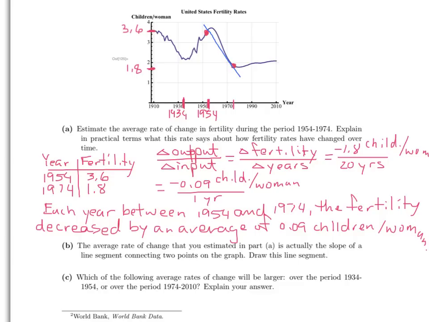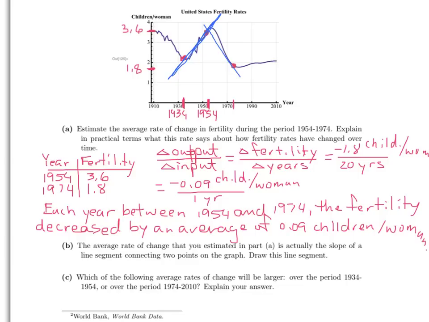If I start at 1934 and go up to the graph and mark that point, it's right around there. Then I can make a line segment that connects my 1934 point with my 1954 point. So this is the line segment for 1934 to 1954.